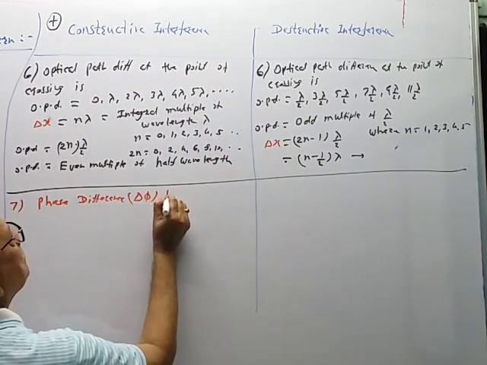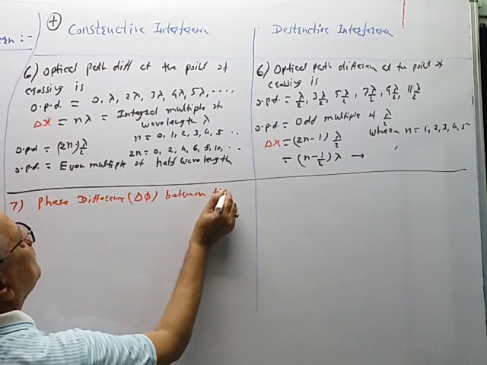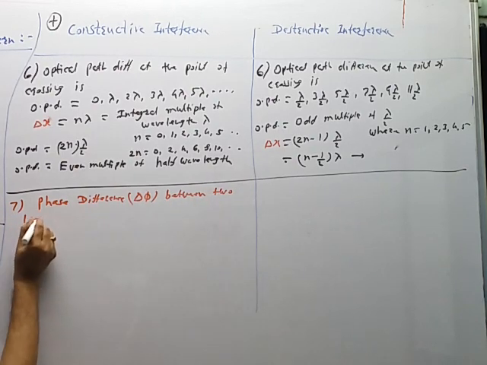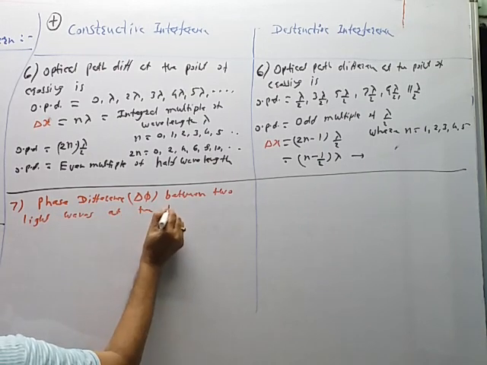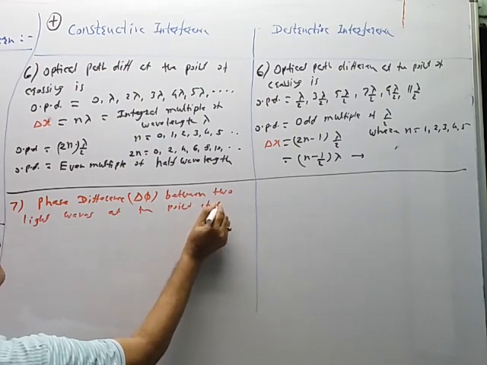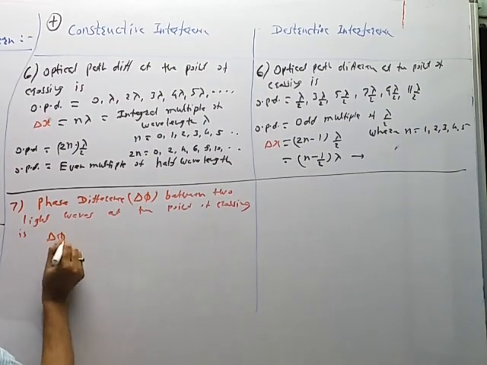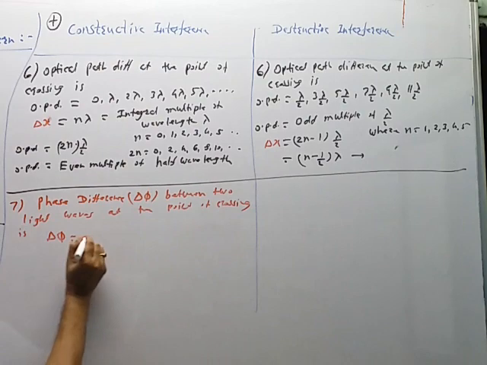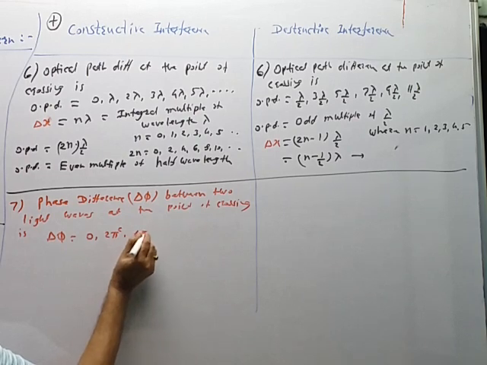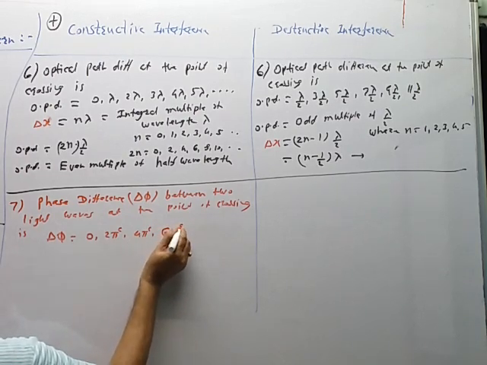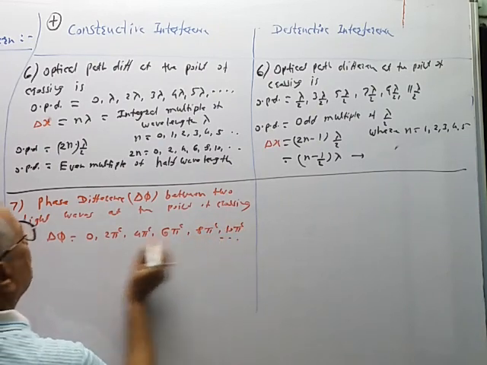Phase difference delta phi between two light waves at the point of crossing is delta phi is equal to 0, lambda corresponds to 2 pi radian, 4 pi radian, 6 pi radian, 8 pi radian, 10 pi radian, etc.